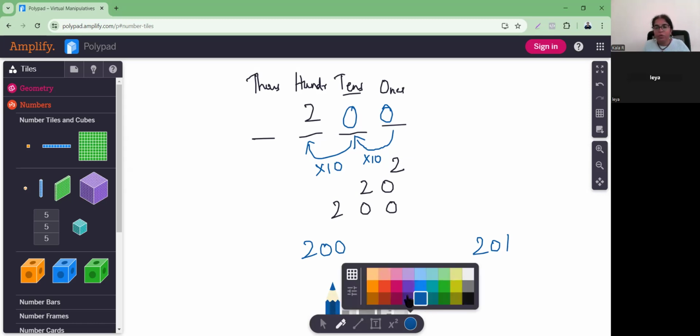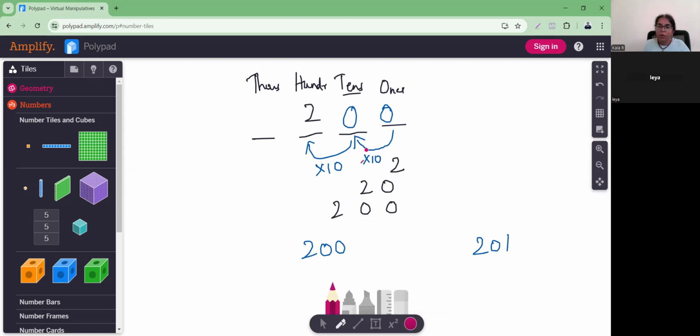For that, we know if we go to the left side, the number value is increasing by 10 times. What will happen if I go to the right side then? The number value will decrease, right? By how many times? By 10 times. Decreasing means what? Division.